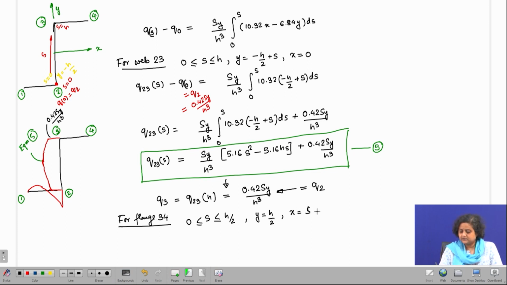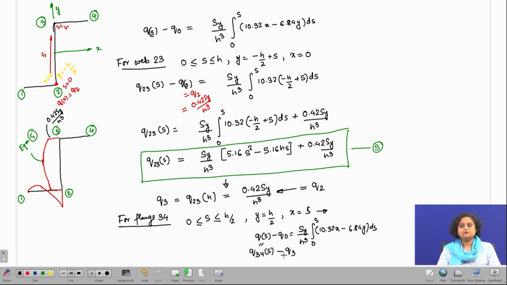So, if we substitute this into the expression that Qs minus Q0 is equal to Sy by H cube integral 0 to S of 10.32 X minus 6.84 Y ds, we can as well find out Q, so this Qs is Q34S and Q0 is Q3.